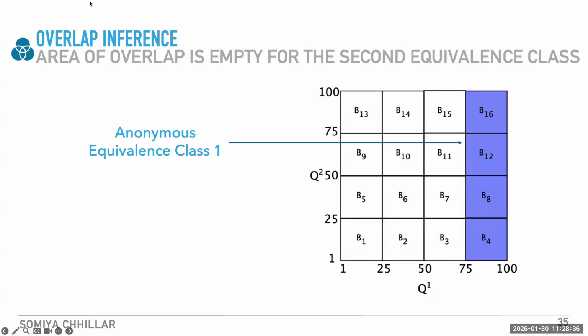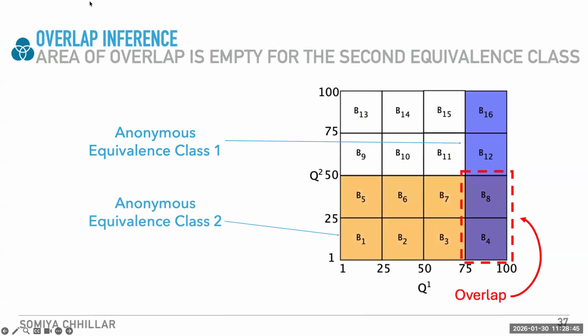Next we have the overlap inference. There can be situations where the generalized regions overlap with one another. And we know from how ARCS operates that it processes equivalence classes sequentially.